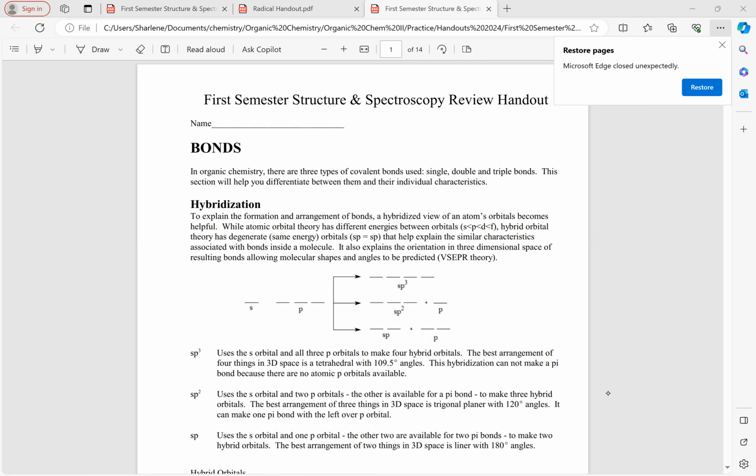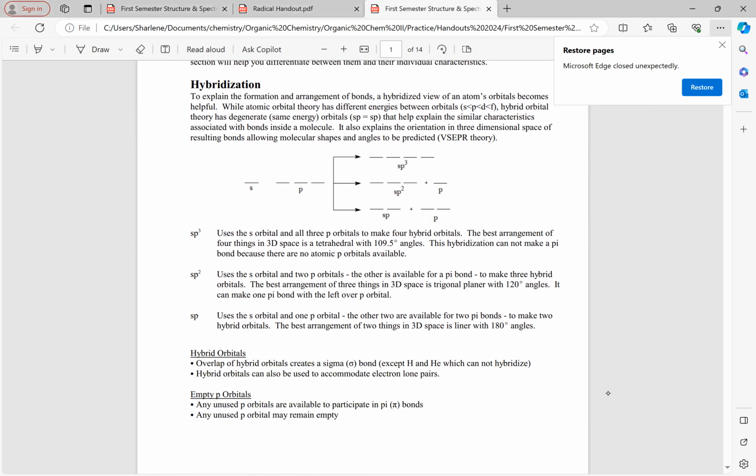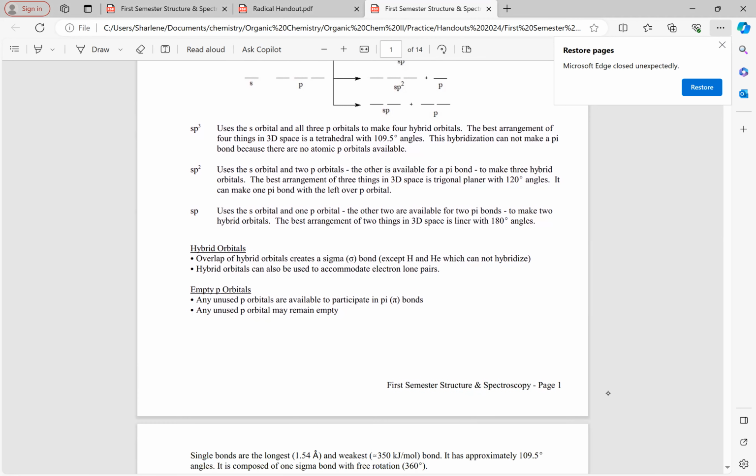All right, so don't forget the different hybridization states, sp3, sp2, sp, and then they have their different angles. Okay, so remember 109.5, and we've got 120, we've got 180, and then this one is made of a sigma.